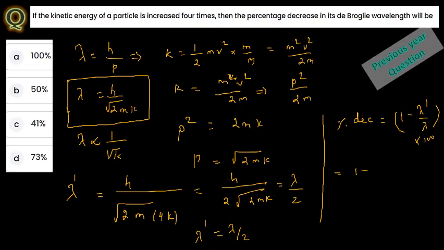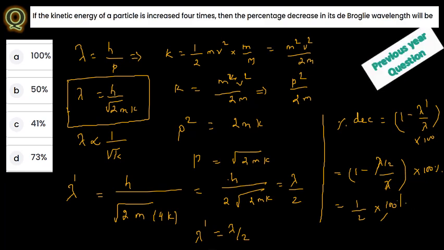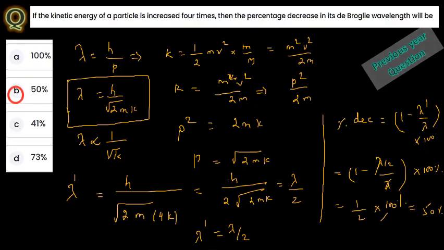Lambda dash we already found is lambda by 2, so lambda by 2 divided by lambda into 100 percent. Lambda cancels, so this is 1 by 2 into 100 percent, which is 50 percent. So that is the answer.